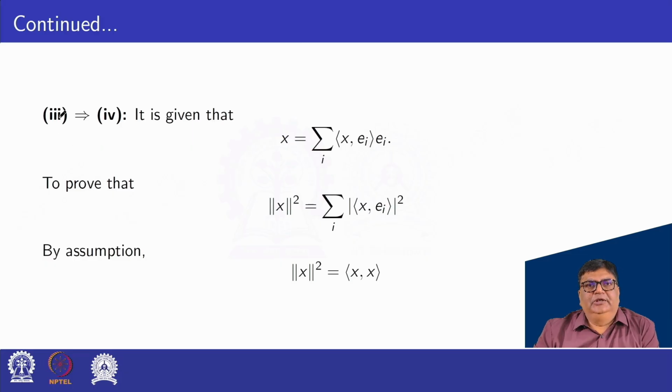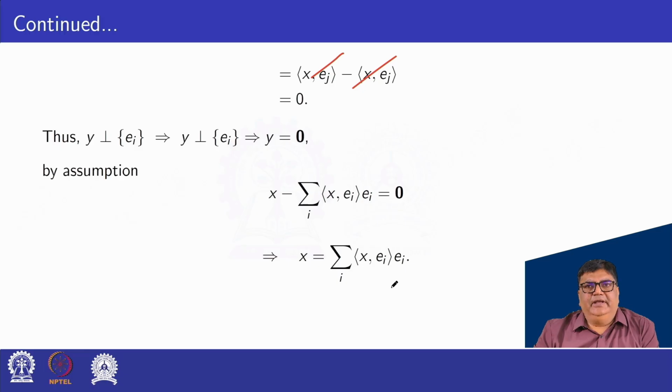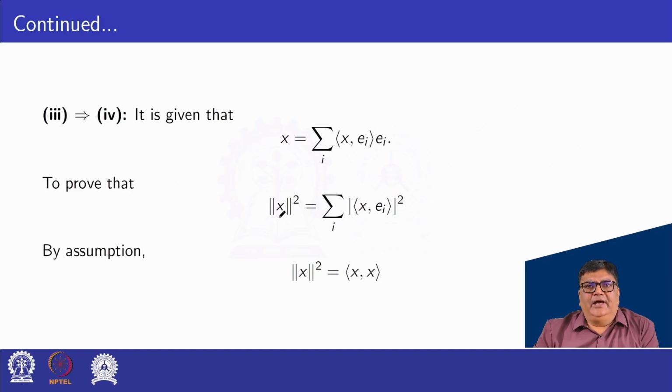Now, third to fourth. Third is given, x is equal to the summation over I of the inner product of x and ei into ei. To prove that norm x square is equal to the summation over I of the square of the mod of the inner product of x and ei.